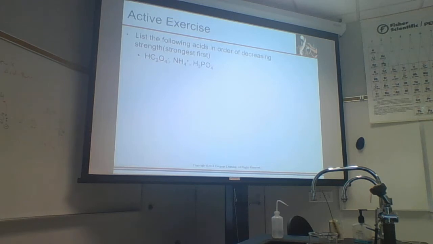Without looking, what do you think would be the strongest? Phosphoric acid, that's correct. Between ammonium and hydrogen oxalate, this is more tricky. I wouldn't expect you to know that one. That one we just consult the chart. Turns out in figure 17.6, this is the ordering.